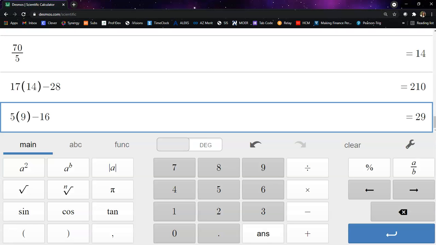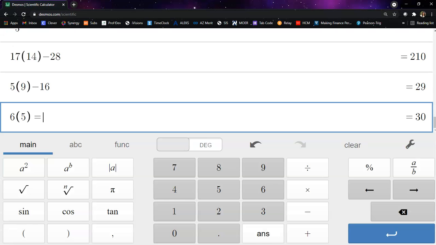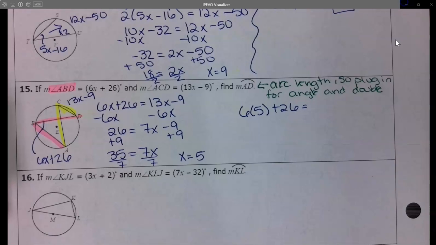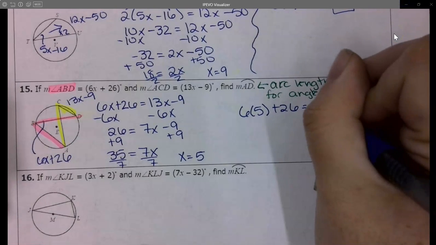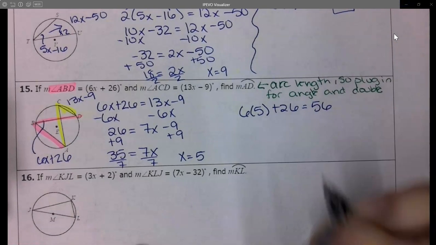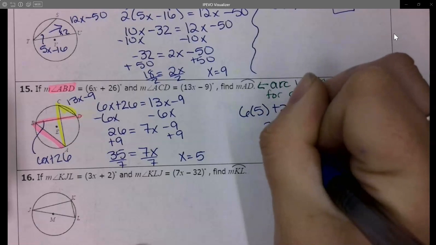Which I can go to Desmos and type in. Gets me 56. This is the angle, so I need to go ahead and double it.